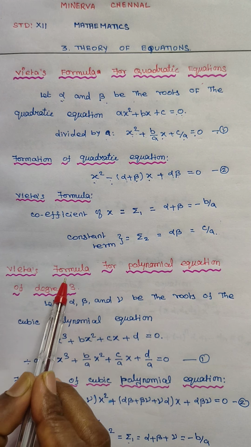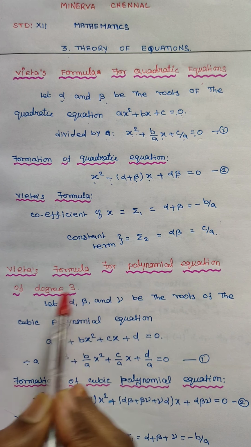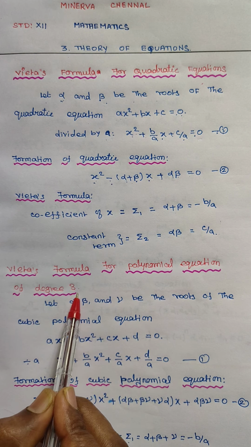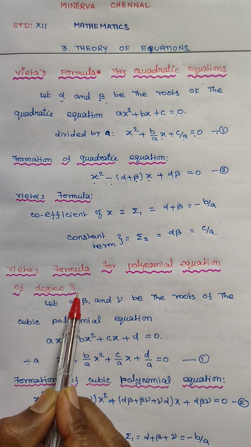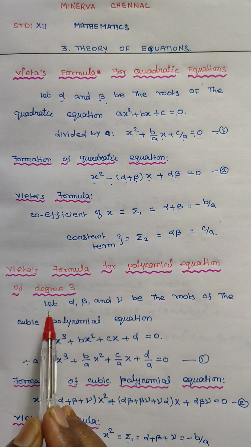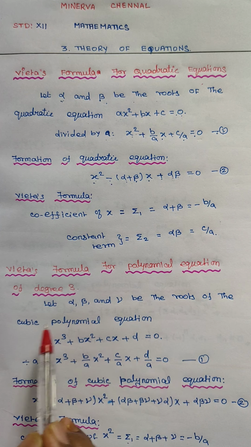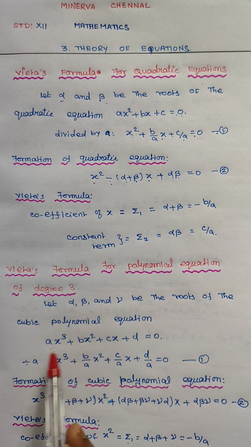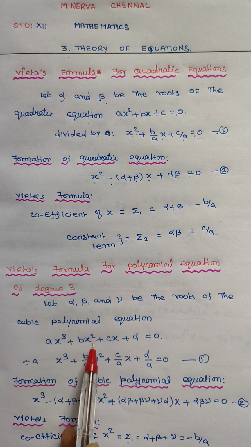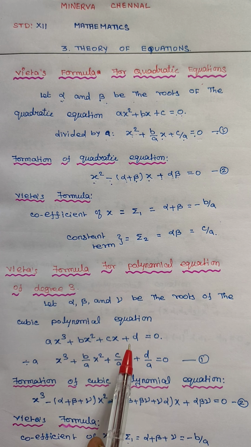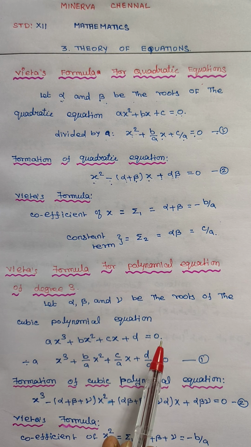Next, Vieta's formula for polynomial equation of degree 3, that means cubic polynomial. Let alpha, beta and gamma be the roots of the cubic polynomial equation ax cube plus bx square plus cx plus d equal to 0.